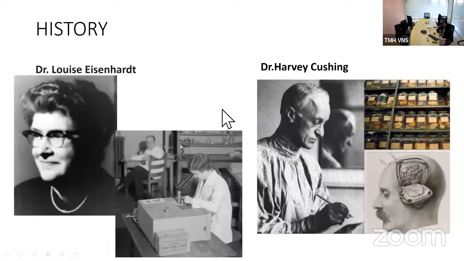Now, it is always good to dwell into the history and see who has done something. The interpretation of intraoperative smears dates back to 1930, and the credit goes to Dr. Louis Eisenhardt, who was one of the renowned neuropathologists of our time, and Dr. Harvey Cushing, who we know is the father of neurosurgery.